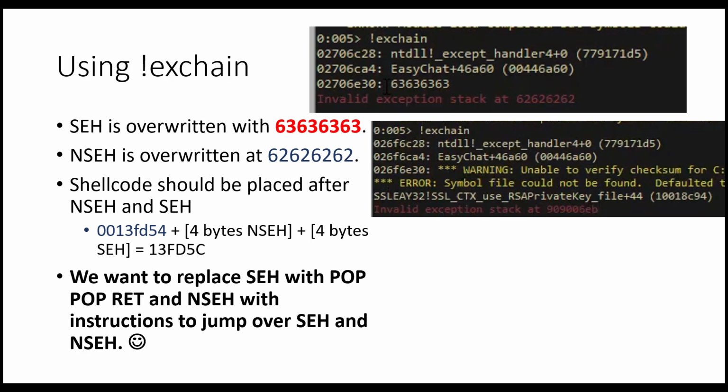And this is after a crash has, well, it's not a crash, but an exception has occurred. We can go in there and do the !exchain. And I see that the 663 has overwritten SEH. So that's what that means there.